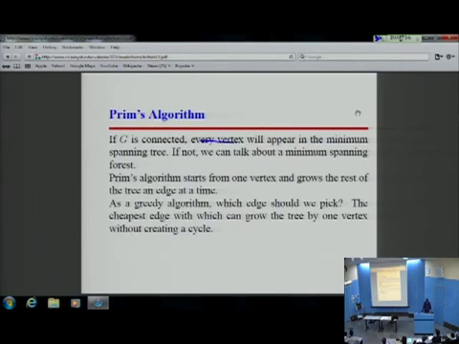Prim's algorithm is going to start from one vertex and grow the rest of the tree one edge at a time. It repeatedly picks the cheapest edge it can to add another vertex to the tree without creating a cycle. You can't create a cycle if the graph is going to be a tree, because trees don't have cycles. We want a cheap tree, so let's try adding cheap edges one after another.